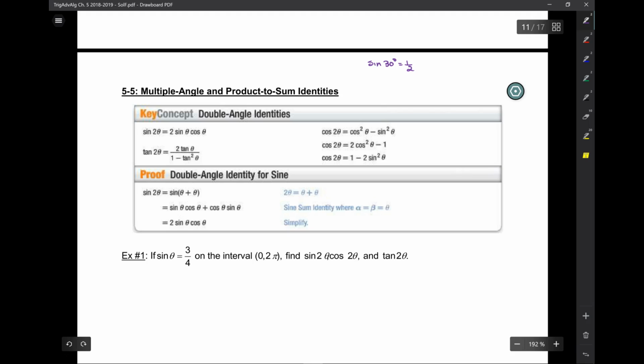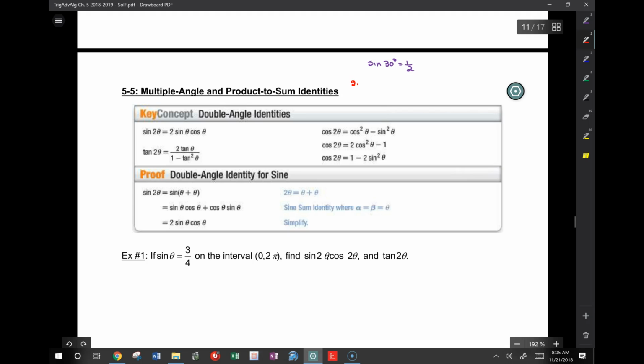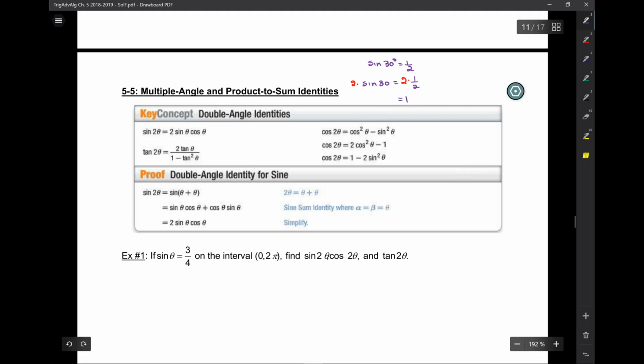Now, check out two things I could do to this. First, what if I have 2 times sine of 30 degrees? That's 2 times 1/2, so that'll be a 1. That is 2 times sine of theta.